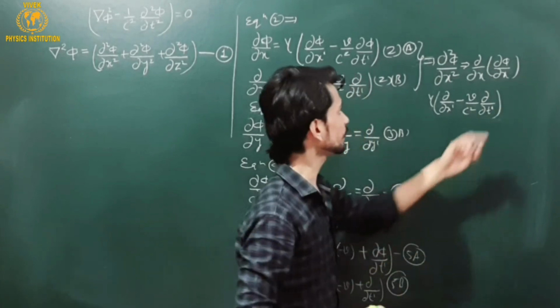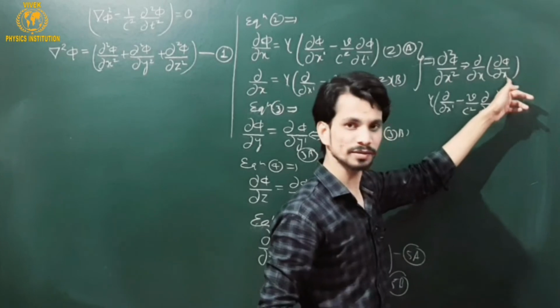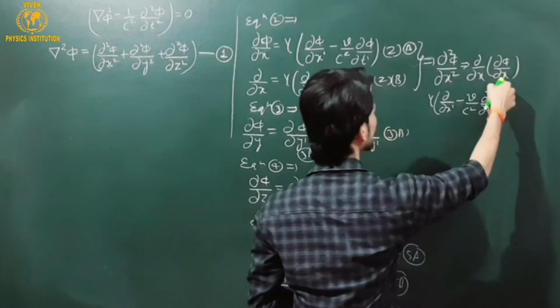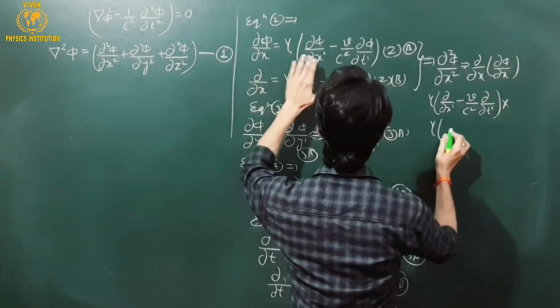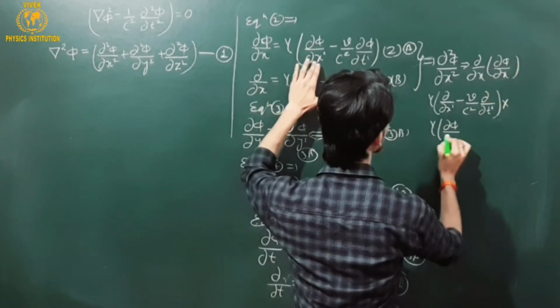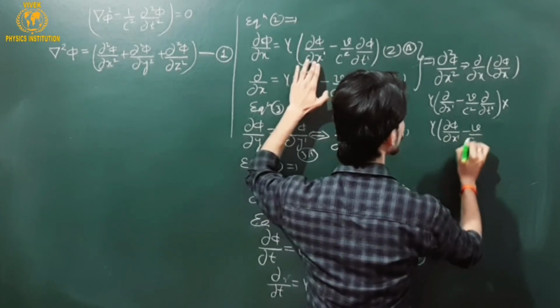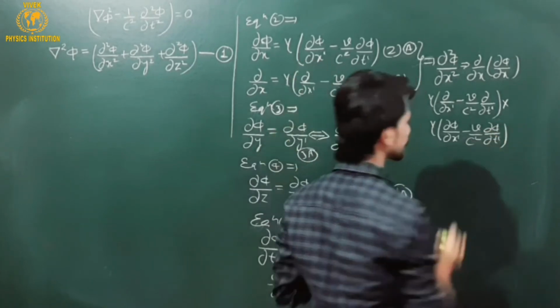This is the value for ∂/∂x, multiplied with ∂φ/∂x. The value of ∂φ/∂x from this factor is γ, and this is ∂φ/∂x' minus v over c² ∂φ/∂t'.